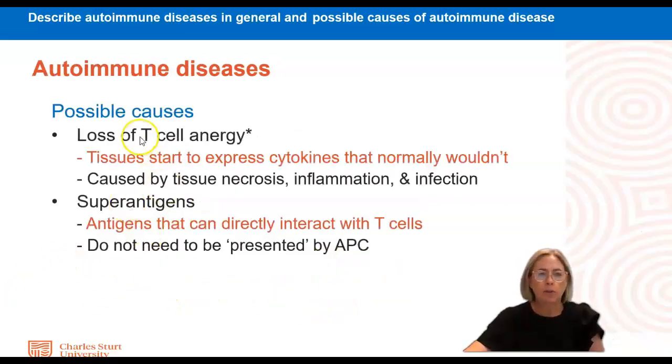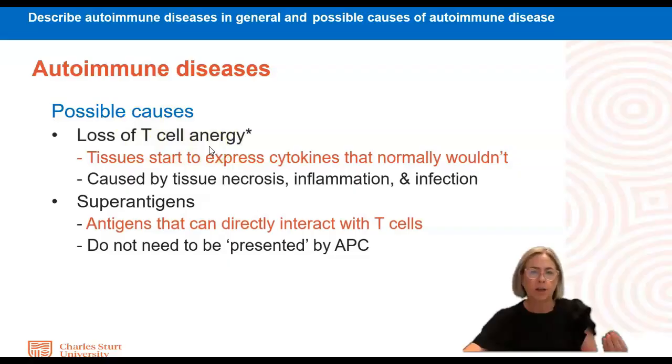The next possible cause of autoimmune disease is loss of T-cell anergy. Now, very simplistically, T-cell anergy describes a situation where we have T cells that recognize our self-antigen, but they're not activated. They don't proliferate. So normally they're not going to attack our own self-antigen. But here we're getting a loss of T-cell anergy. So tissues start to express cytokines that normally wouldn't.